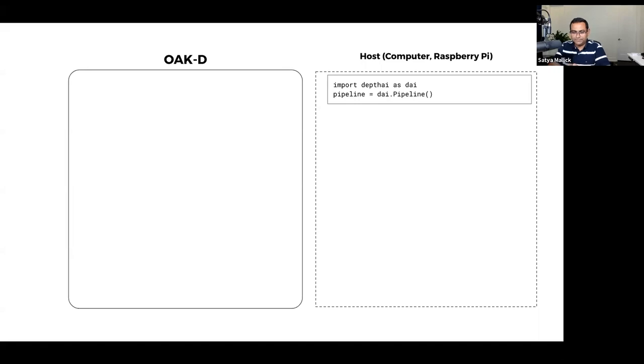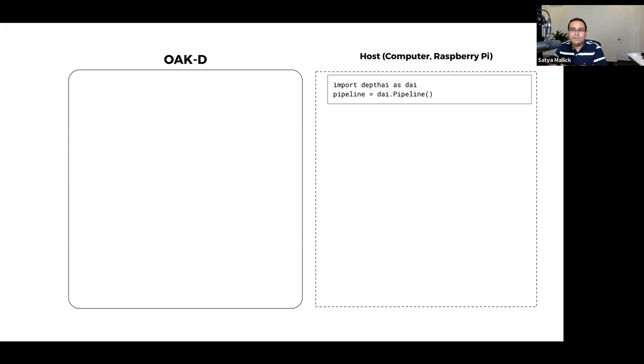All right. So the first thing is to build a pipeline. What is a pipeline? A pipeline is nothing but a collection of nodes. And a node is essentially an entity with an input, an output, and some configurable parameters. For example, the left camera is a node, which has an output. It outputs the left camera frame. Similarly, the right camera is also a node. The RGB camera is a node.